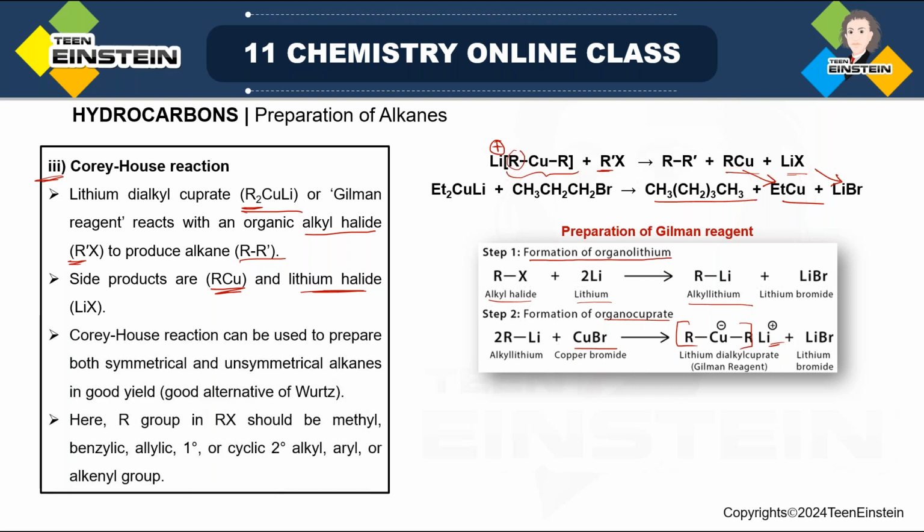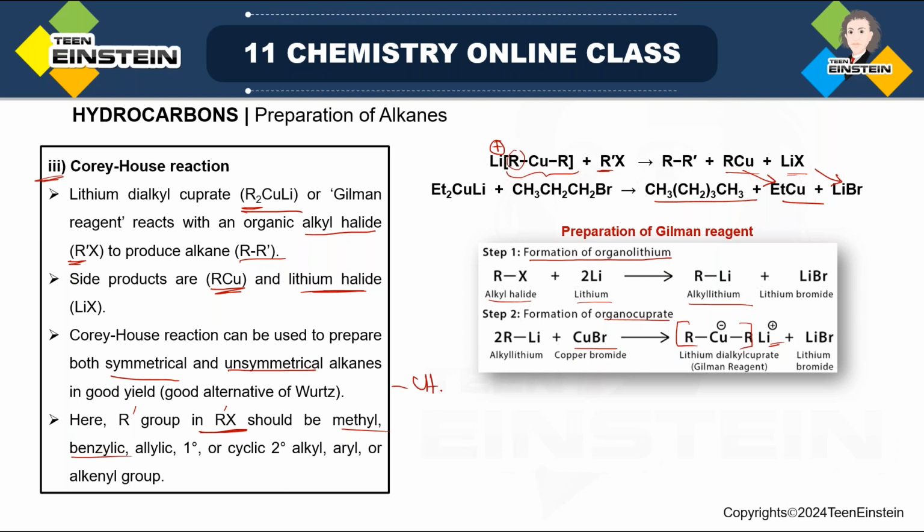Next, this Corey-House reaction, we can use it to prepare both symmetrical as well as unsymmetrical alkanes. So it doesn't matter. The previous problem that we faced in the case of Wood's reaction is overcome. You can make both of them. And the R group in the alkyl halide that you have taken, that is R prime basically, it should be something like this.